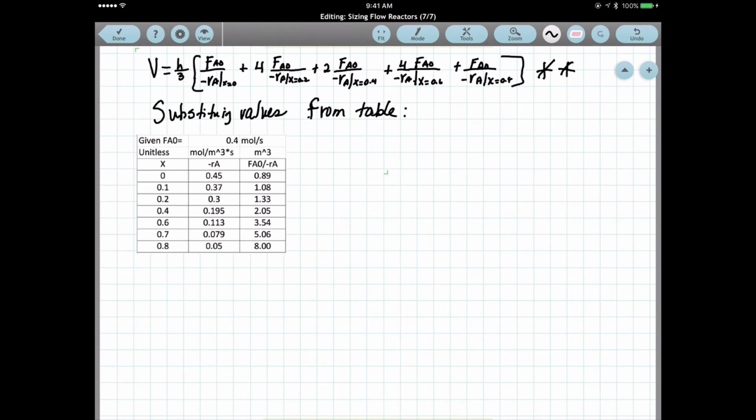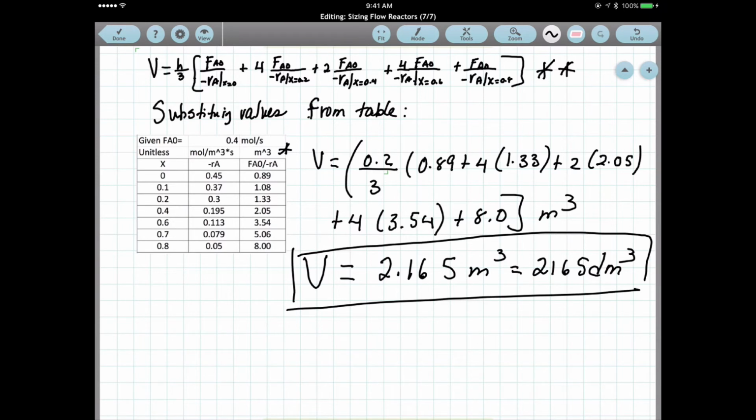If we substitute the values obtained from the table, these are the values from the process data, we obtain the volume of the reactor using numerical methods. This is the first time we have done it. This is the PFR, so this is the volume for the PFR reactor.